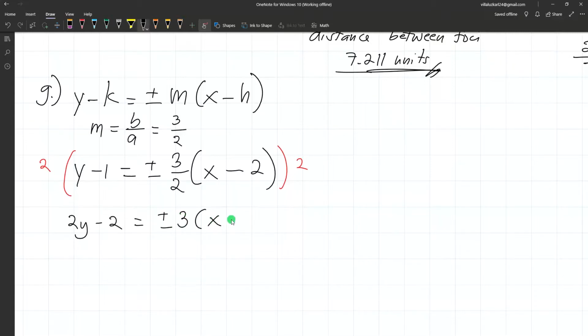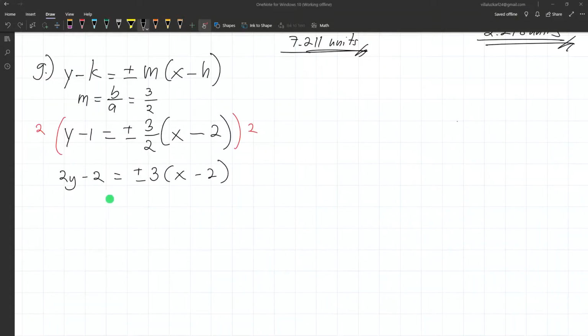If it is positive, the equation that will be formed is 2y minus 2 equals positive 3 times x, which is positive 3x, positive 3 times negative 2, negative 6.